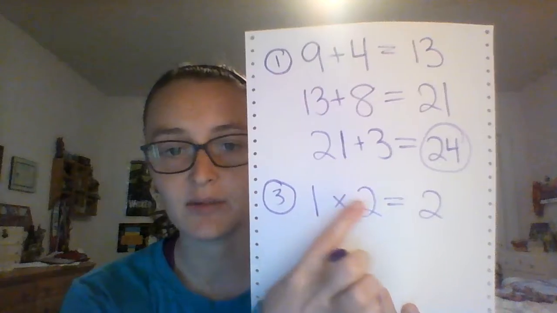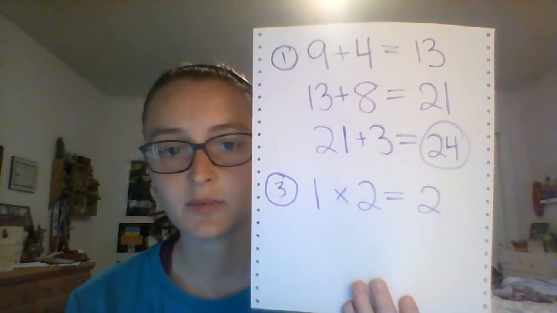So we have 1 times 2, which makes 2. Anything times 1 stays the same. Next in our list we had 4. 2 times 4 makes 8.